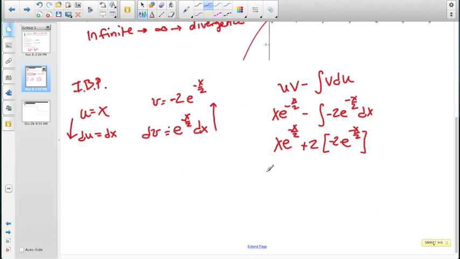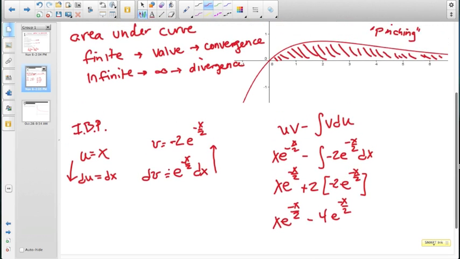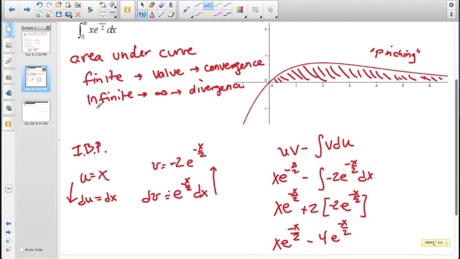And so we have this answer that looks like, minus 4e to the minus x over 2. Okay, so there's our refresher on integration by parts.